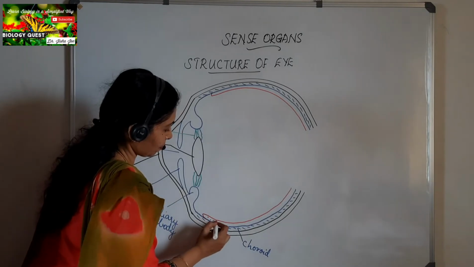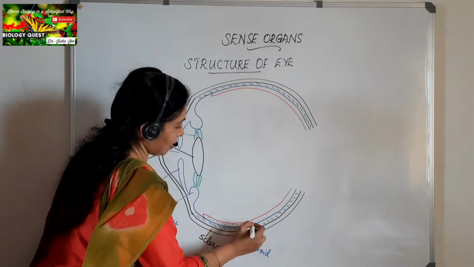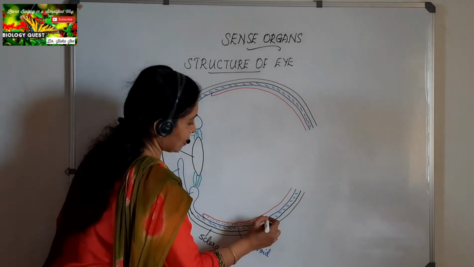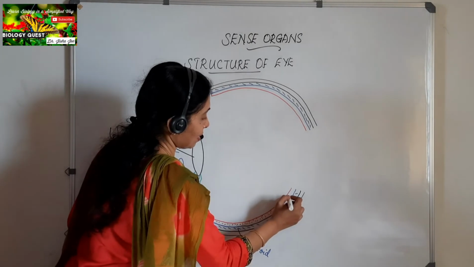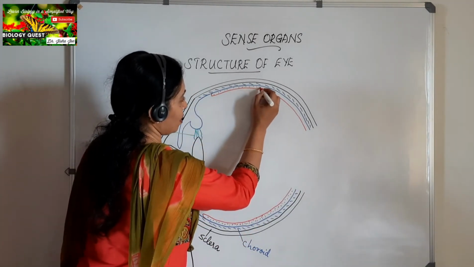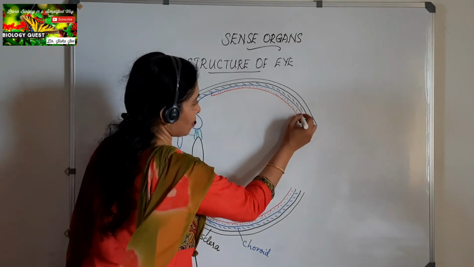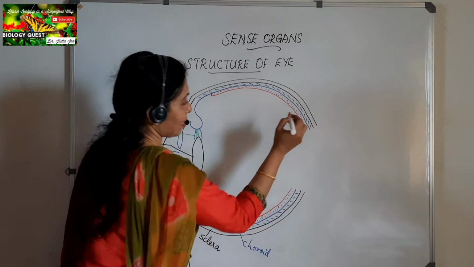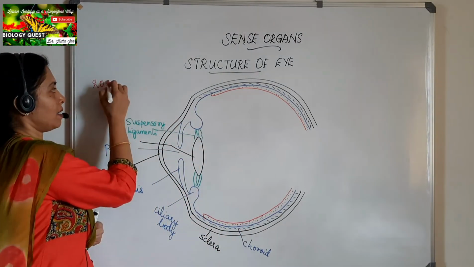The retina is sensitive to light and it contains the sensory cells. Two types of sensory cells are present on the retina. They are the rods and the cones. Rod cells and cone cells are the two sensory cells present on the retina.